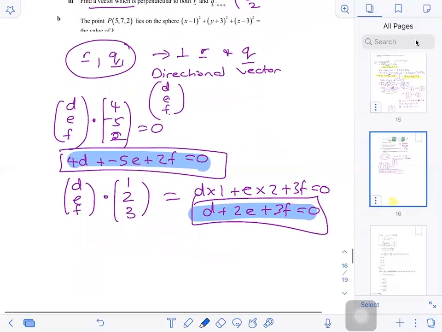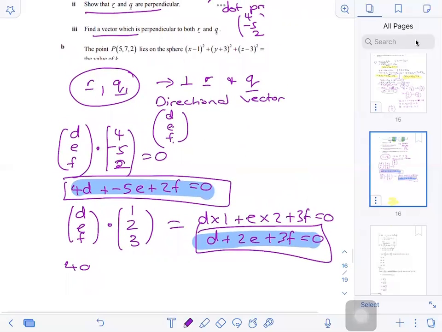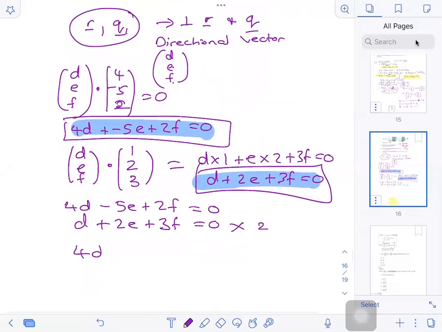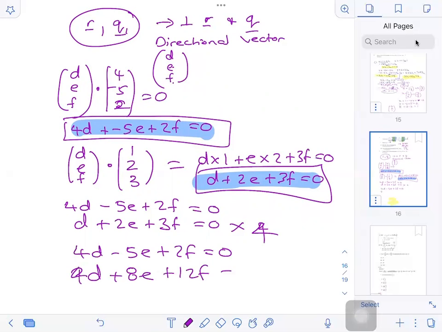So we have that and that. Okay, so you go 4D minus 5E plus 2F equals 0, and D plus 2E plus 3F equals 0. So I'm going to get number 2 and multiply it by 4, which gives 4D plus 8E plus 12F equals 0. So I'm just going to subtract those two.